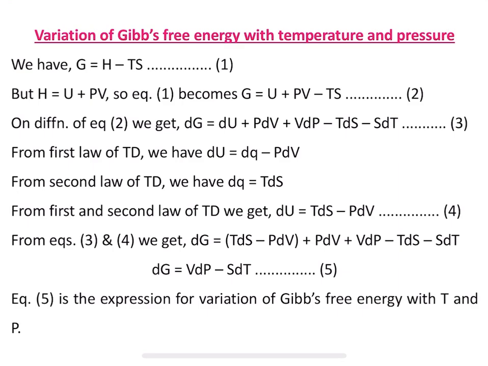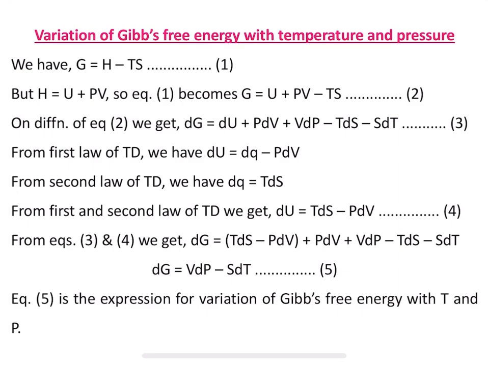The third law of thermodynamics has two important consequences. We have to observe these two important consequences. The first one is that it defines the sign of the entropy of any substance at temperatures above absolute zero as positive.